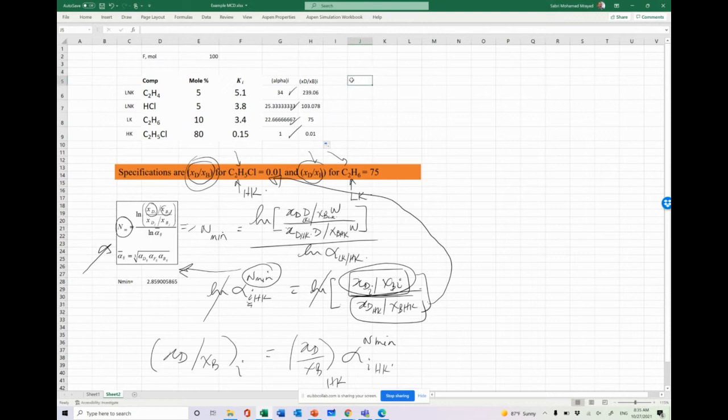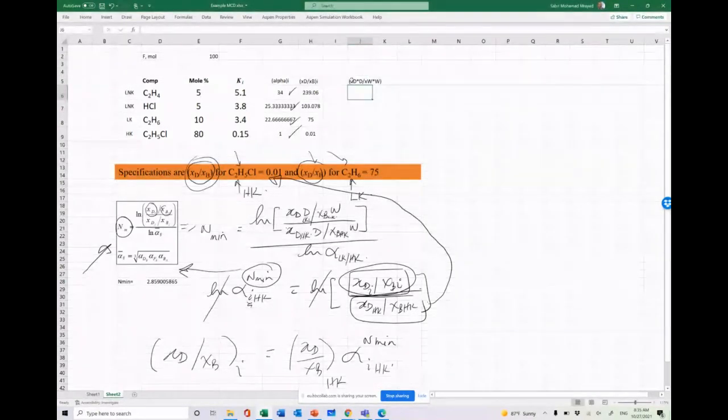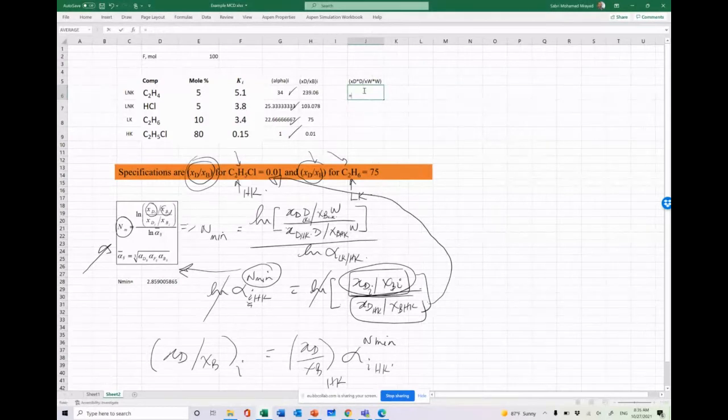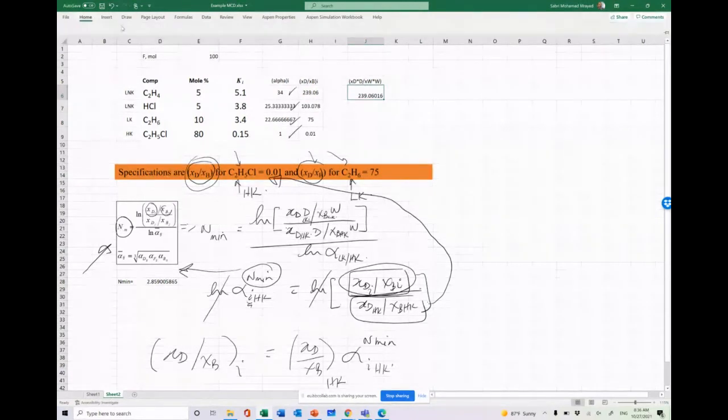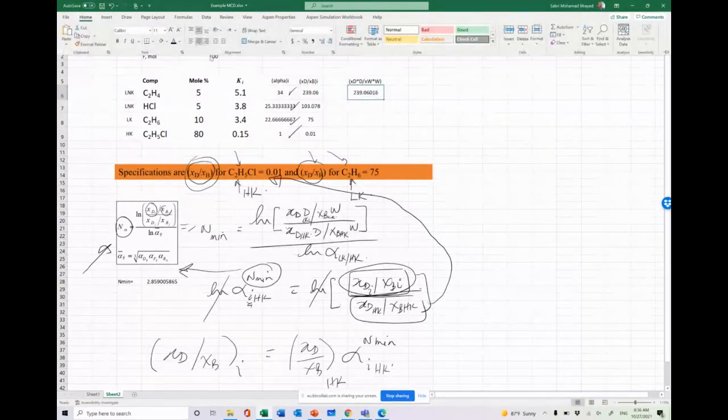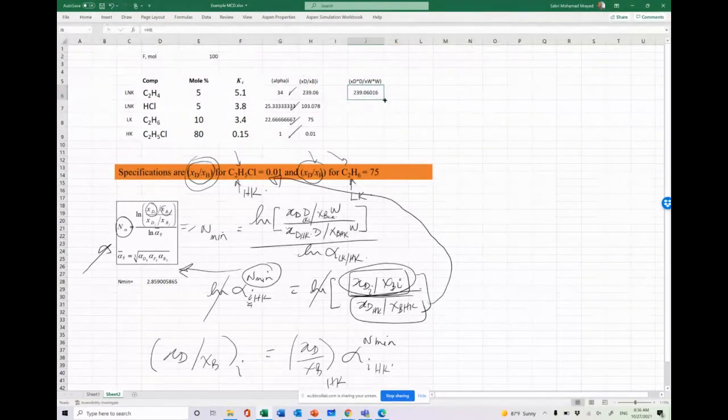So for each component, xD multiplied by D divided by xW multiplied by W is going to be the same, because we know this already from the equation. So this is going to be equal to this one, and you just centralize this one and then get this one.